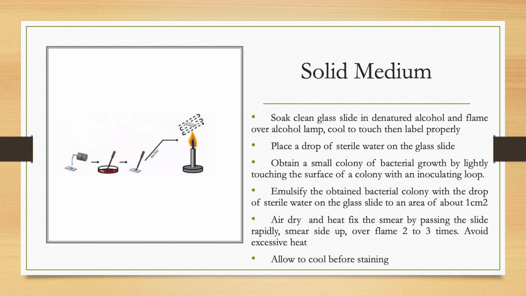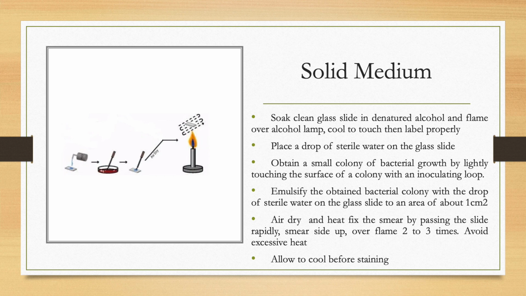If you need to, you can spread the bacteria in a wider area, but make sure that the bacteria are uniformly distributed so that you are able to see the individual cells of bacteria.